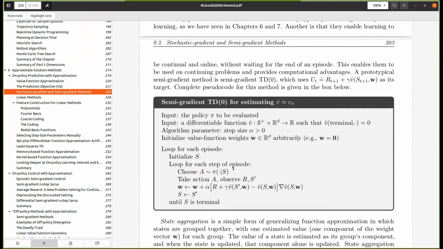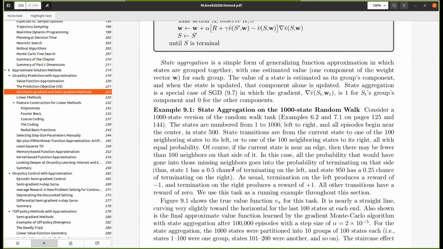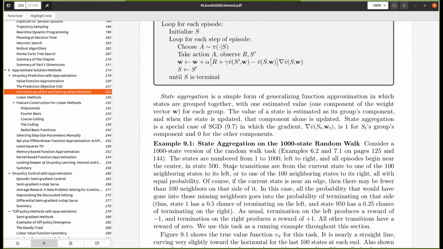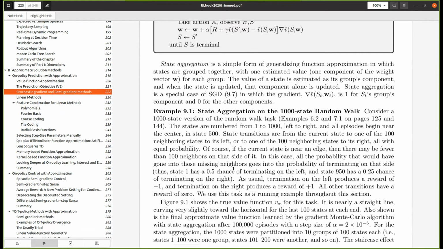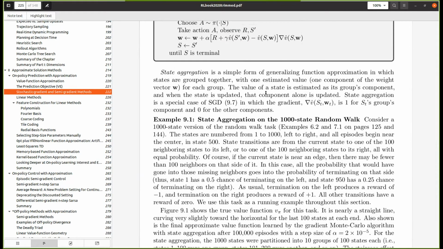Yes. Okay, cool. Here we will just try to work through a simple example. State aggregation is one of the simplest forms of generalizing function approximation.